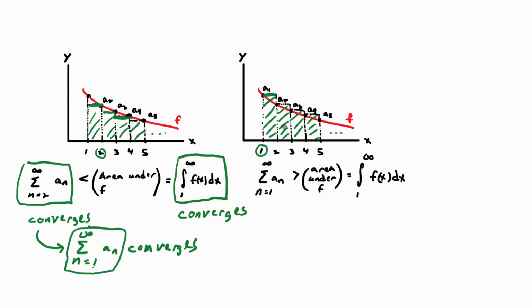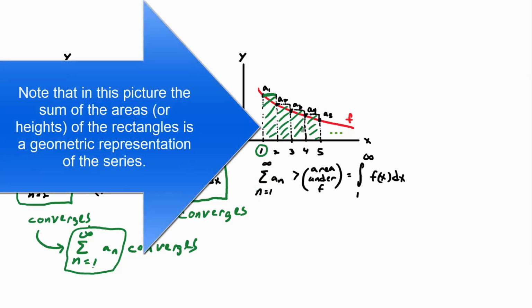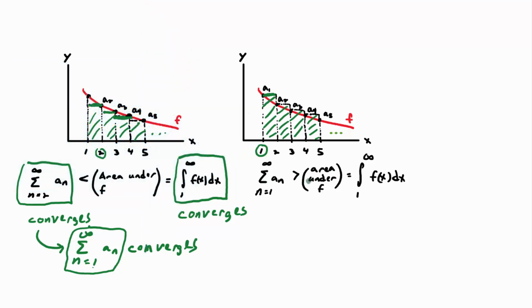So if you wanted to think of the series n equals 1 to infinity of a sub n in terms of area, you could just add these rectangles together. But you can see from the picture, geometrically, that this infinite series has to be greater than the area underneath f. So what does that tell us if the integral diverges?